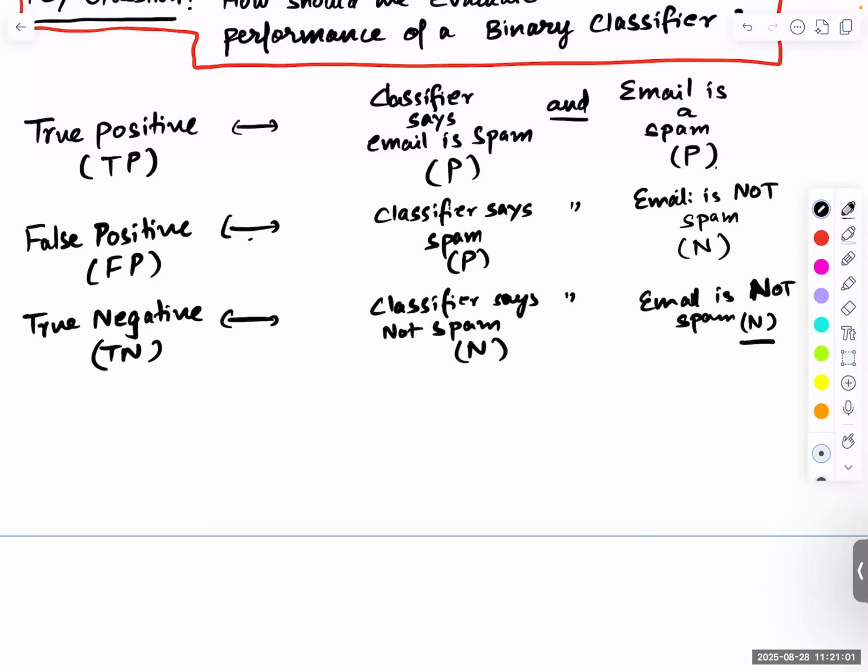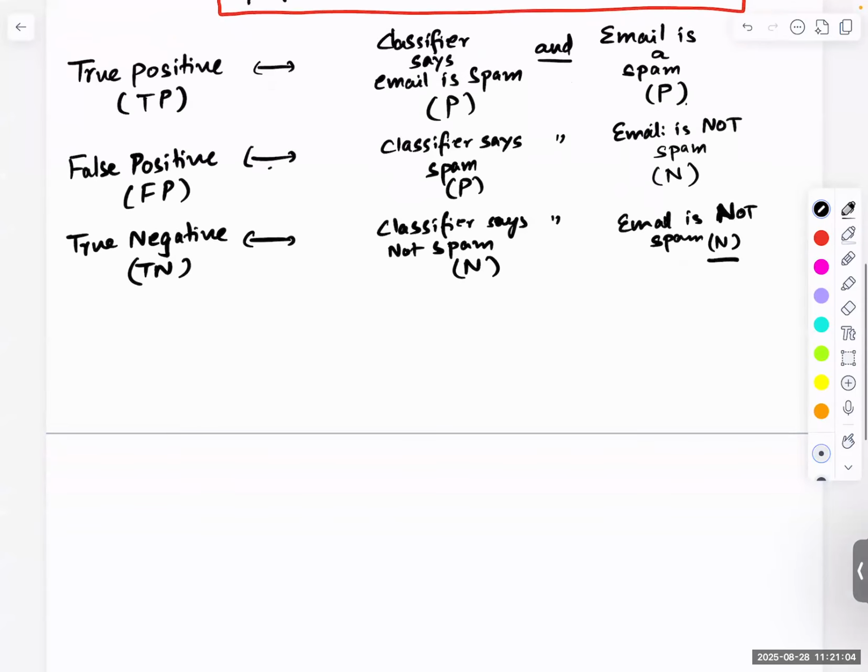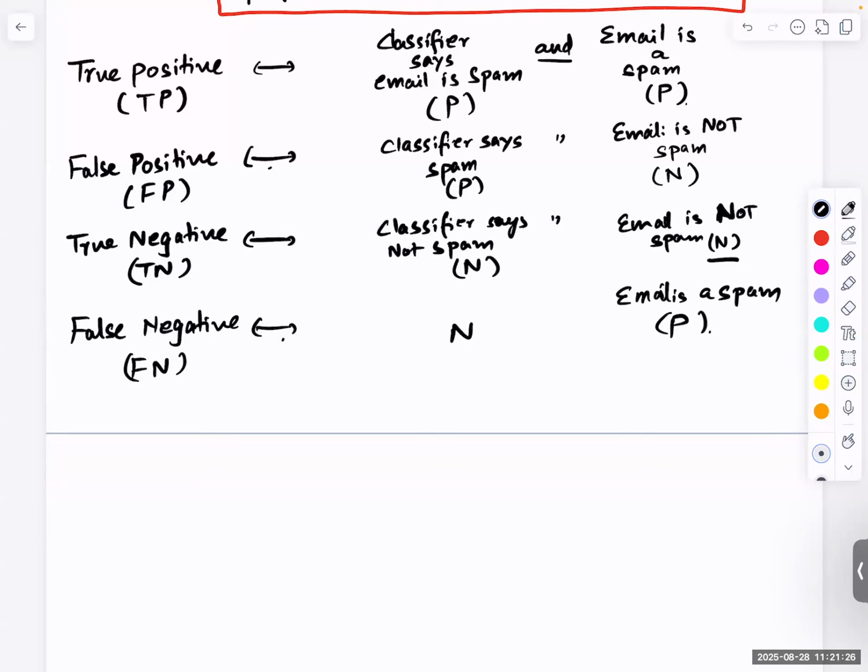So the ground truth is N and the prediction is also N. And finally, we have false negative. So the email is a spam, and then the classifier says not spam. So hopefully this is clear. What do these terms actually mean?